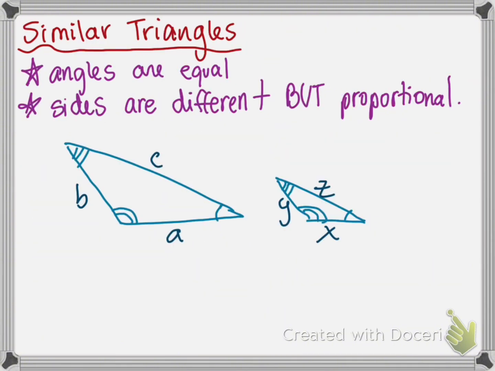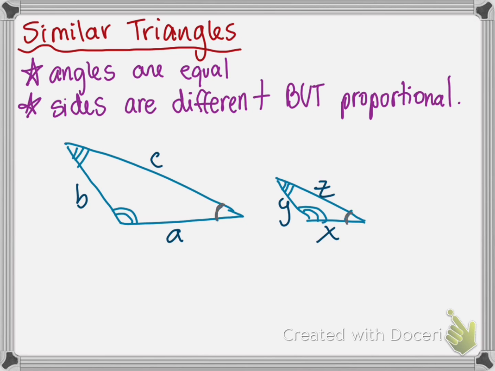In the second part of this lesson, we have similar triangles. What we have to remember about similar triangles is that they have the same angles. The angles are equal, but the sides are different. Now, because the angles are equal, then the sides are also proportional. What we have to do is notice that this angle has only one line and this one also.